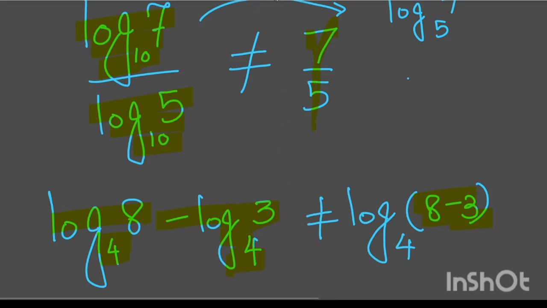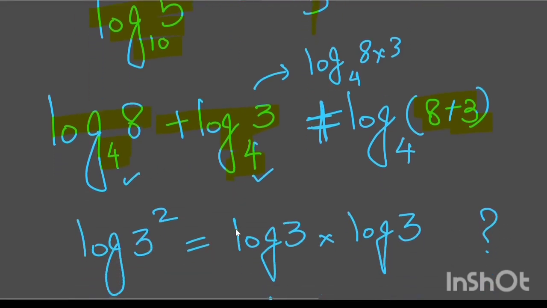Then what is the correct way of writing it? Even if there is a plus, can we say that this will be 8 plus 3? Again, this won't be equal. We cannot take log common in case of addition and subtraction. If it is plus, what's the correct property? That we will see later on, that it is log 8 into 3. Base has to be the same, then only we can use this property. We will derive it later.